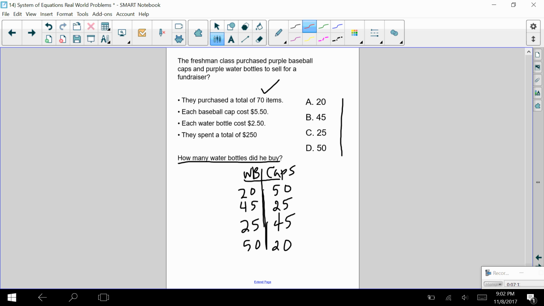All right, let's use our next piece of information. Each cap costs $5.50, and each water bottle costs $2.50. We know that we're going to add these two numbers, and we want a total of $250. So we're going to type them in until we get a total of 250.